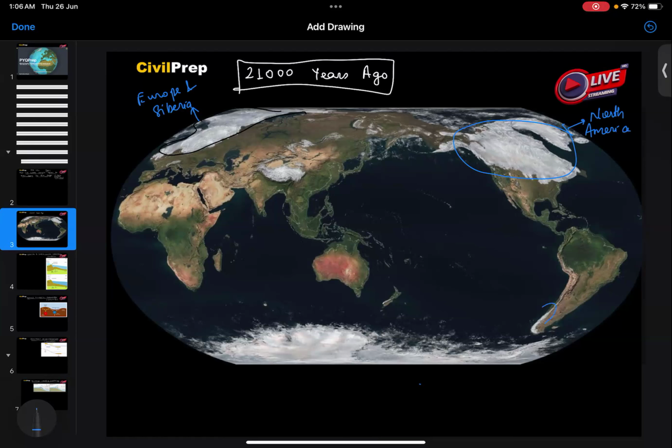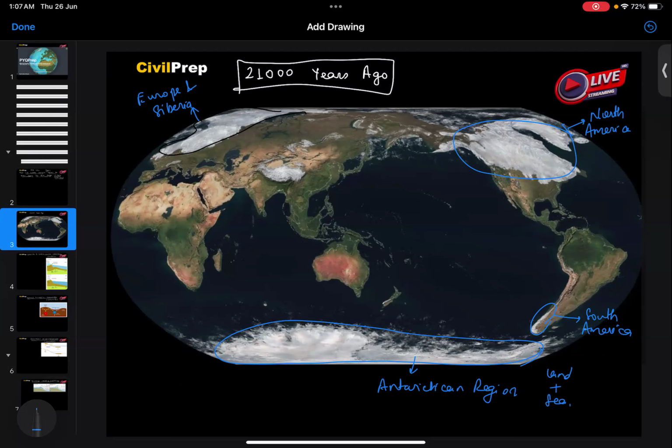And here we can see the region of South America. We can also see the Antarctic region, where the presence of ice on the land as well as on the sea is very high.